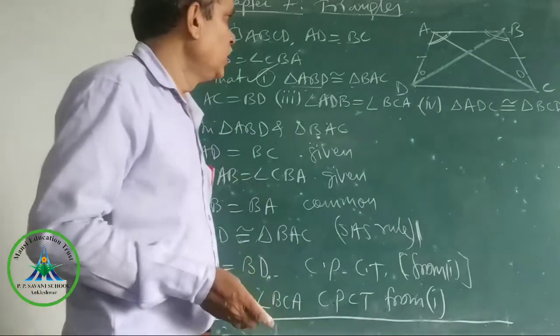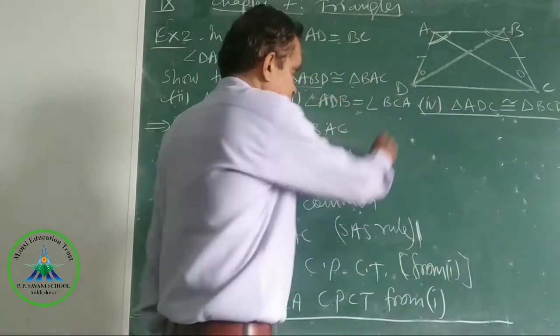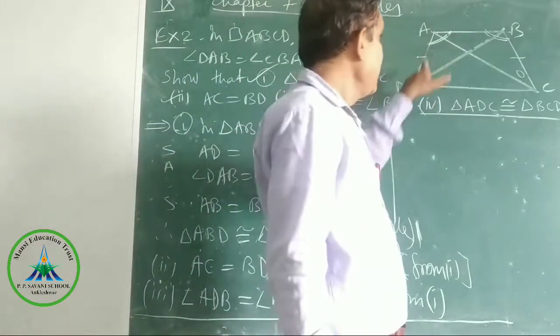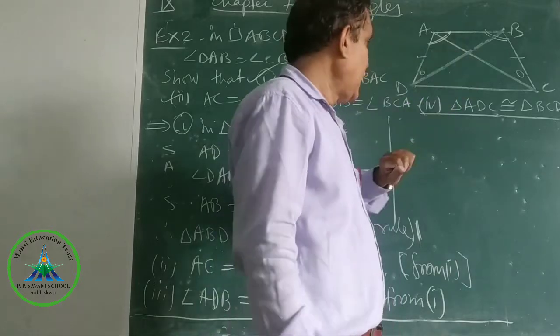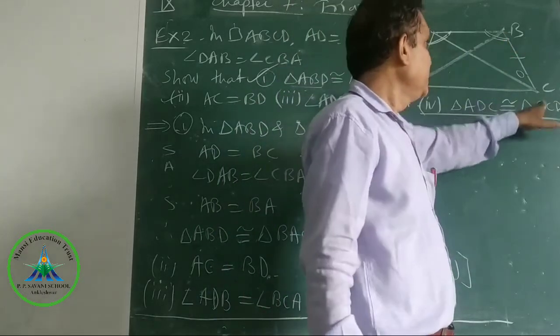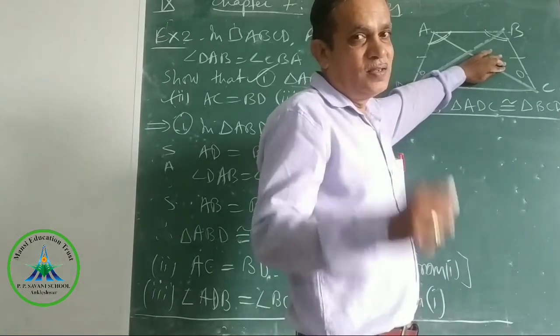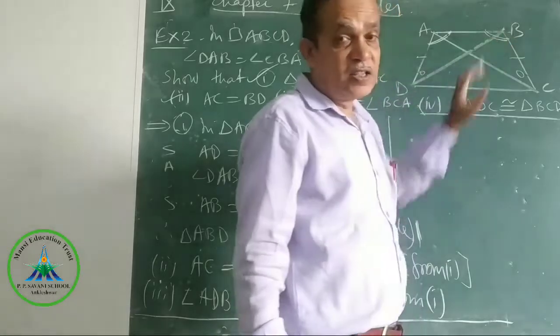Okay, very good. Now see, the fourth part. Triangle ADC, this triangle, and triangle BCD, this triangle. Read the sides.